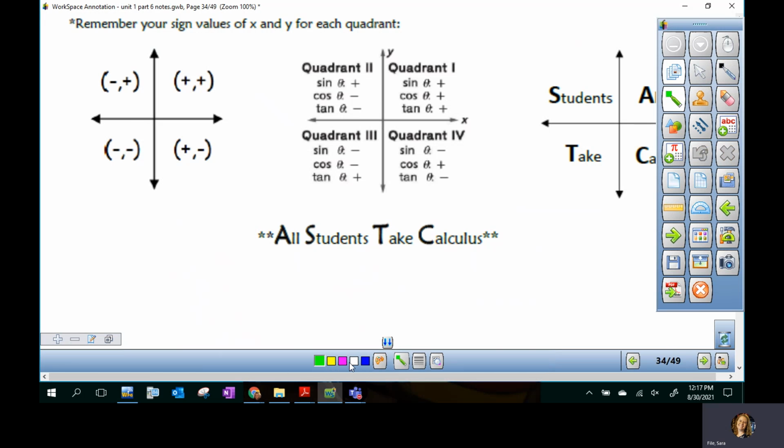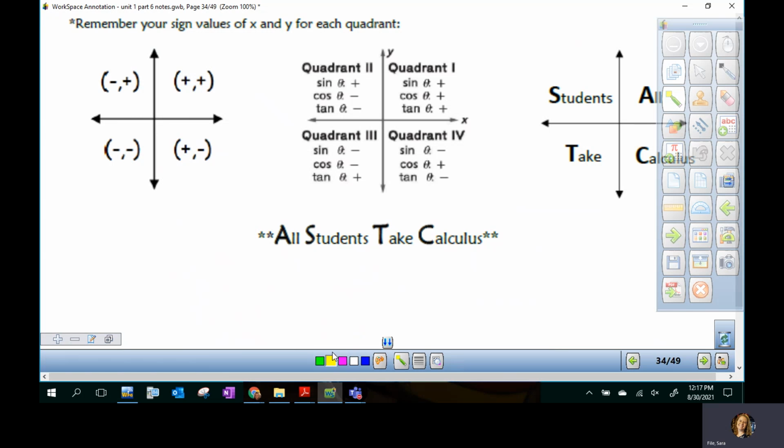If I have a point in the first quadrant, I know the x and y are both positive because from the origin, I went right and up. That's a positive and a positive movement. If I have a point in quadrant 2, I went left and up, so that's negative, positive. Quadrant 3 is left and down, so negative, negative. And quadrant 4 is right and down, so that's a positive, negative movement.